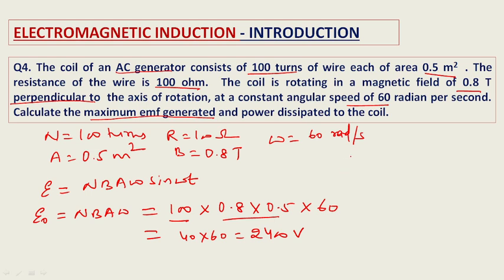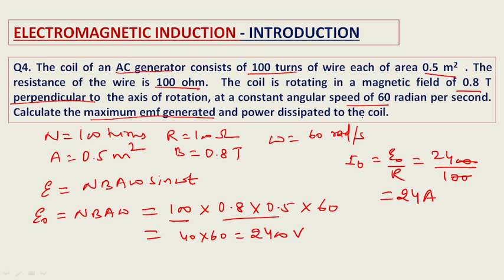Then maximum current, I0 is equal to epsilon 0 by R, that is 2400 divided by 100 ohm, so it will become 24 ampere.